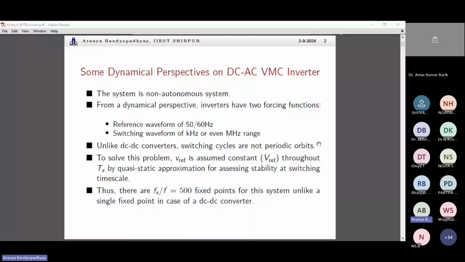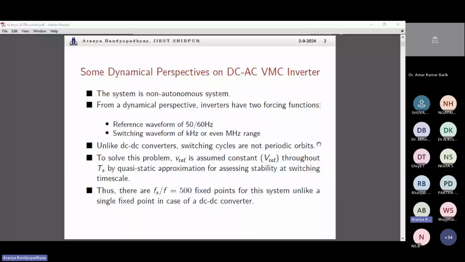In the case of a DC to DC converter, there is only a single fixed point. But the funny thing is that in the case of an inverter, the number of fixed points will be the modulation index, basically.